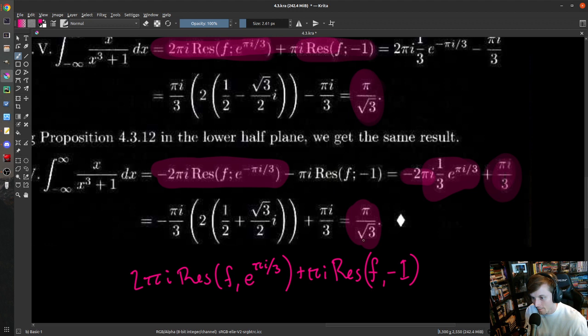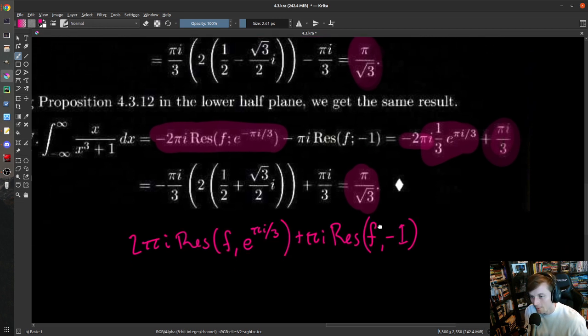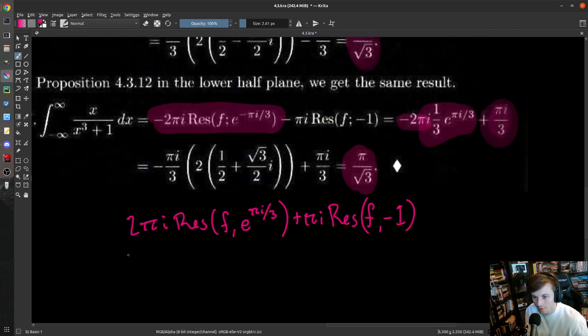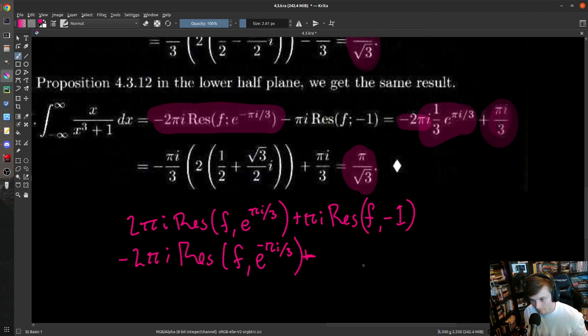Obviously, that's the same as on the bottom, right? So let's just put them together, and then I'll just do this one down here, minus 2 pi i res f at e to the minus pi i over 3, minus pi i res f at minus 1. Okay, if we added these guys together, what would we get?